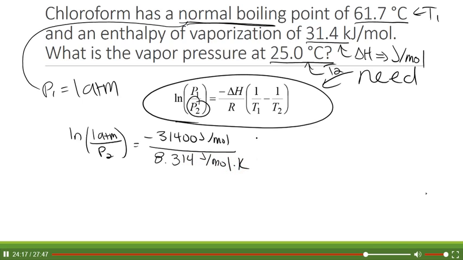And since we have Kelvin, our temperatures also have to be in Kelvin. So 61.7 plus 273.2 gives us a value of 334.9. So our T1, we have 1 over 334.9 Kelvin.